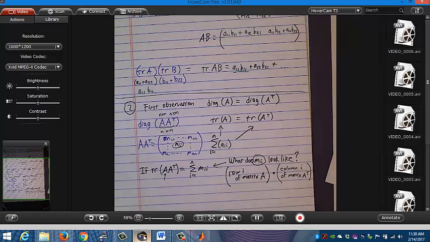Now there's an observation that you need to make, though. What do you know about column I of matrix A transpose?